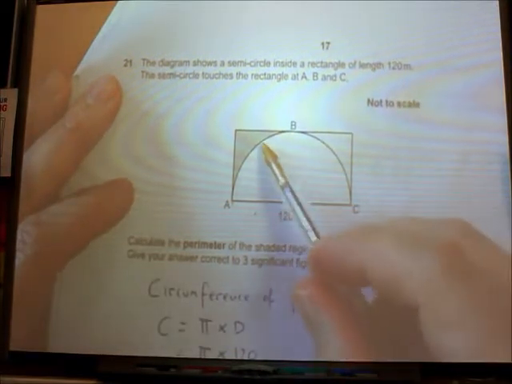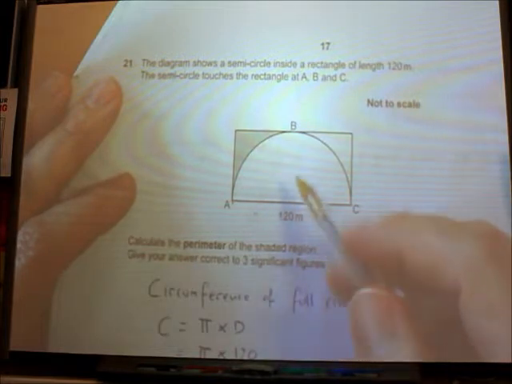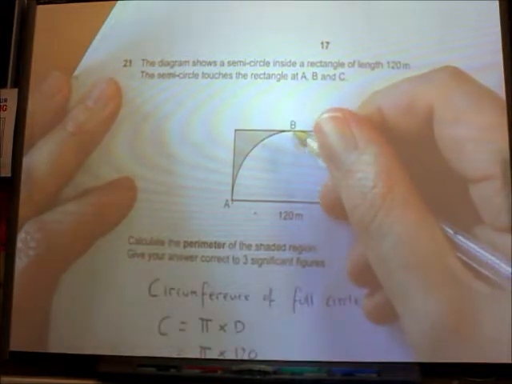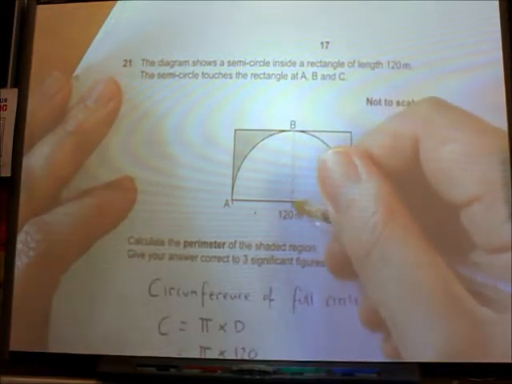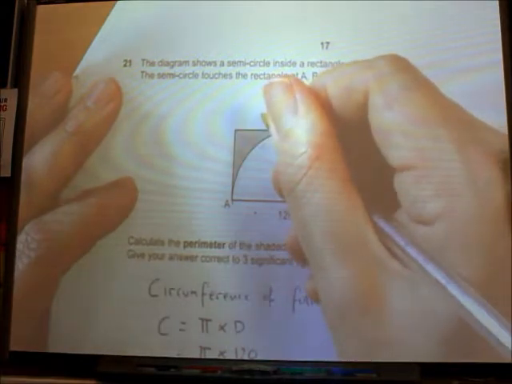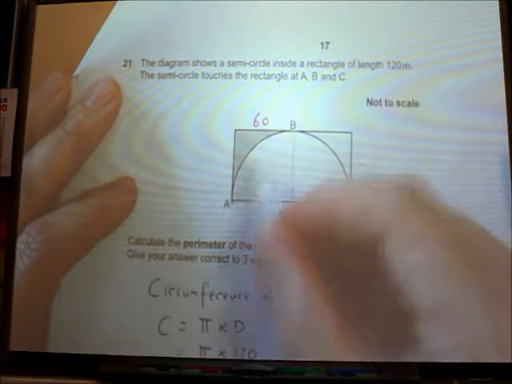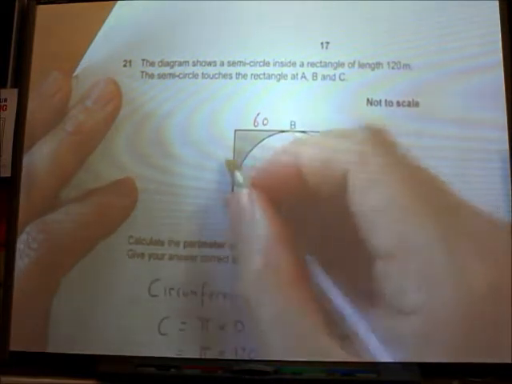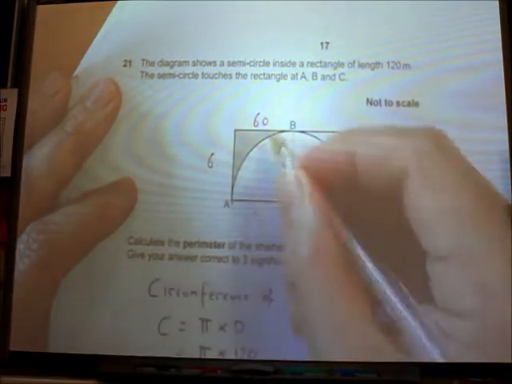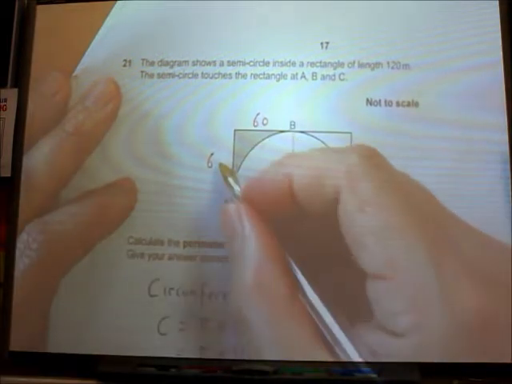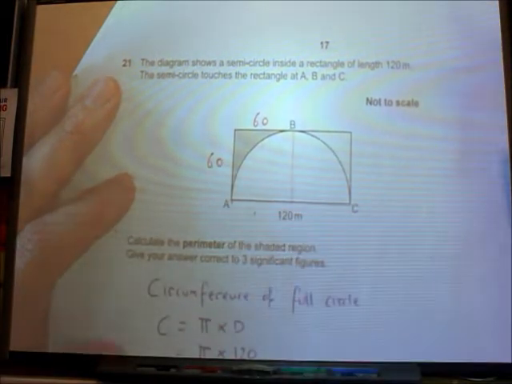First of all, and I've actually done this at the bottom, because it's a semicircle, I'll split that down there. You should be able to spot that that angle there is 90 degrees, because that's a quarter of a circle, and that length is 60 meters, and this length is 60 meters as well. But anyway, let's get into it.